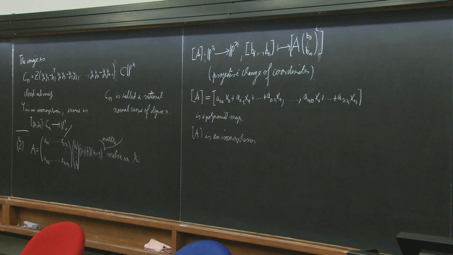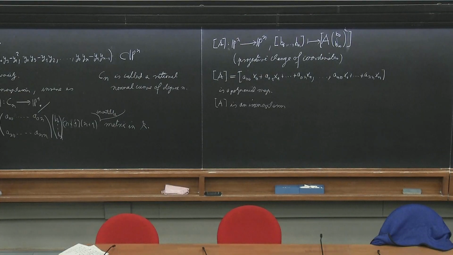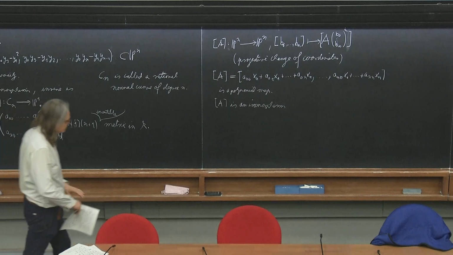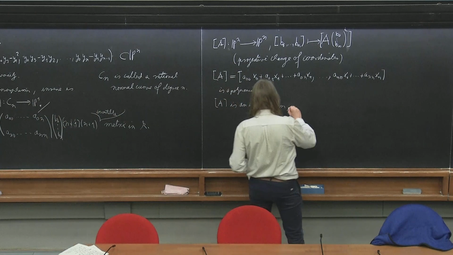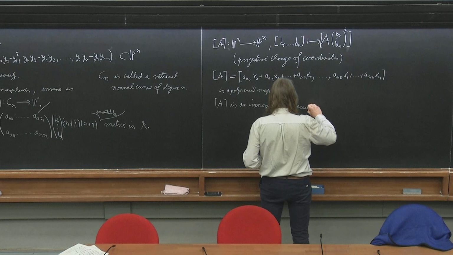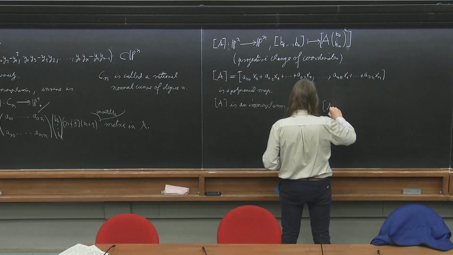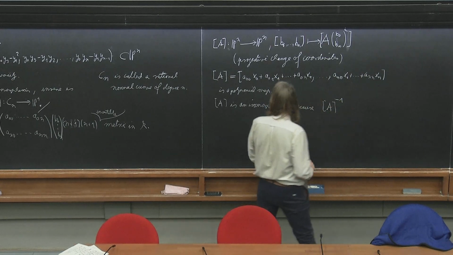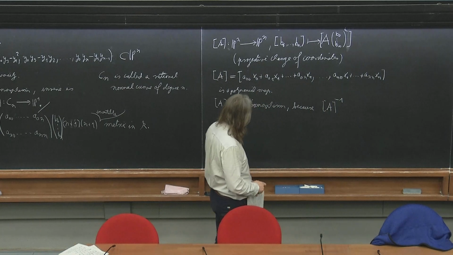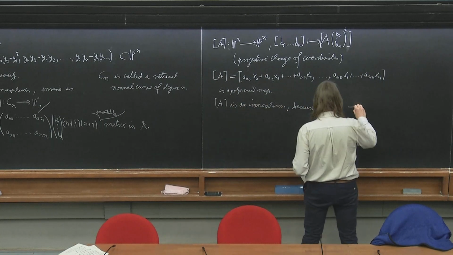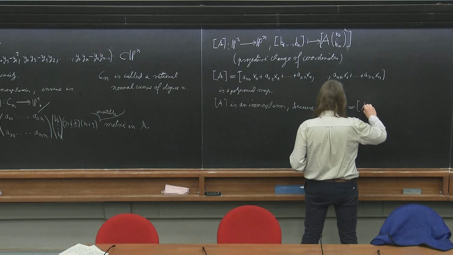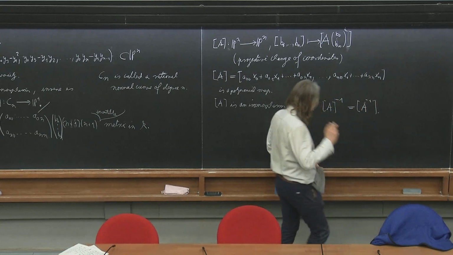There should be the corresponding morphism which is given by the inverse. Because if I take the inverse of this projective change of coordinates, this is actually just what we get if we apply this to the inverse matrix.